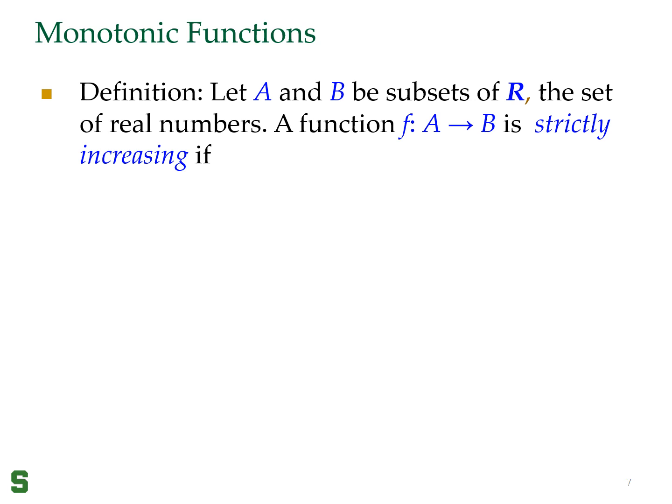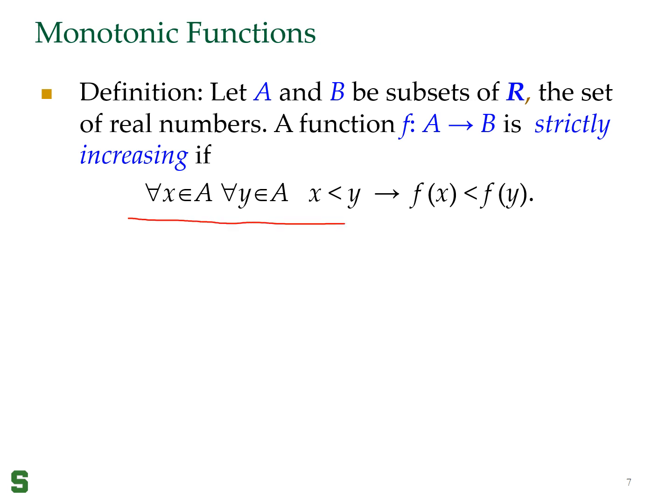We say that a function from A to B is strictly increasing if the following condition is satisfied: for all x in A, for all y in A, if x is less than y, then f of x is less than f of y. In other words, f of 2 will be less than f of 3, f of 3 will be less than f of 3.1, and so on and so forth.